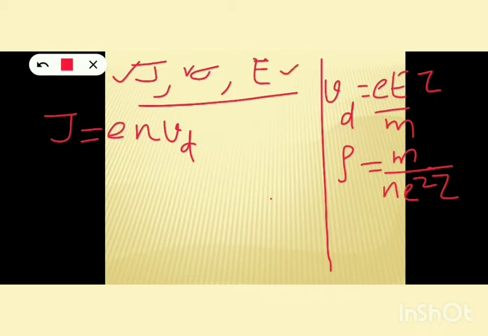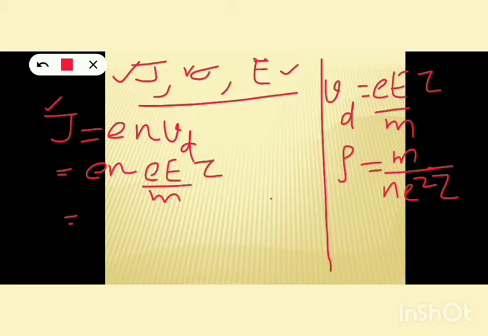So we already got an expression for current density J. What is the expression? Current density J is equal to N E Vd. Now here substitute for Vd, the drift velocity, which is Vd equal to E by M into tau.